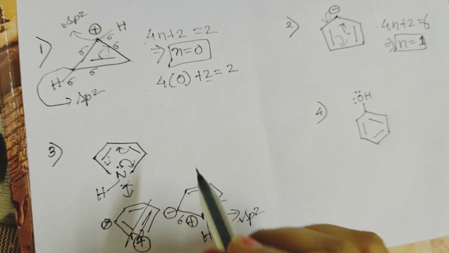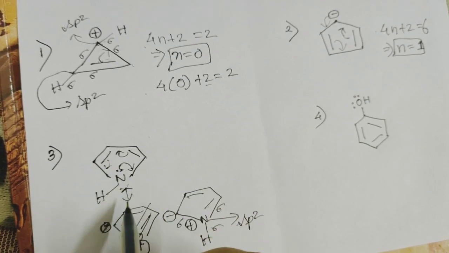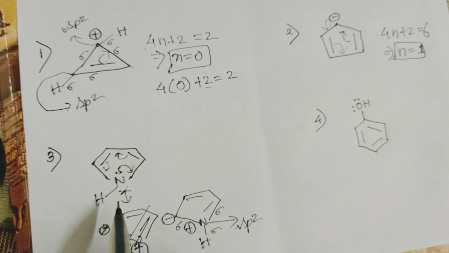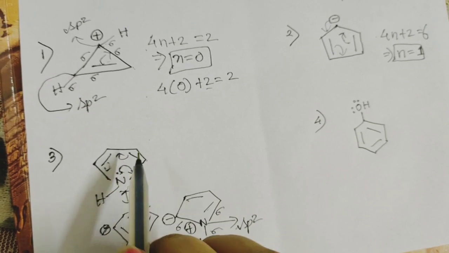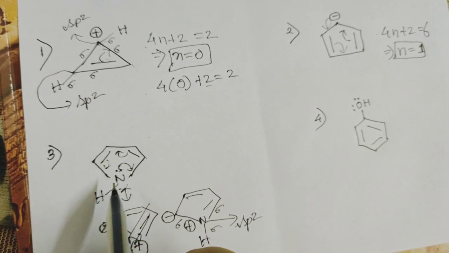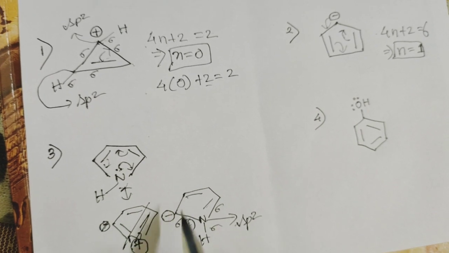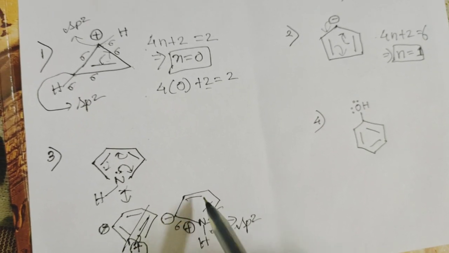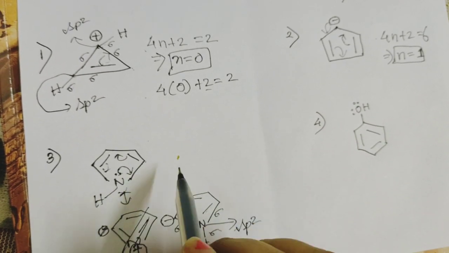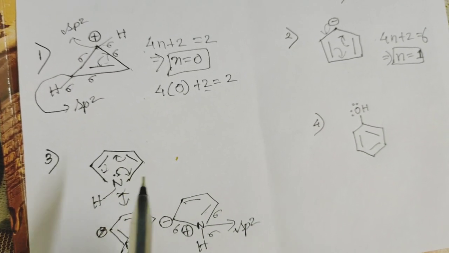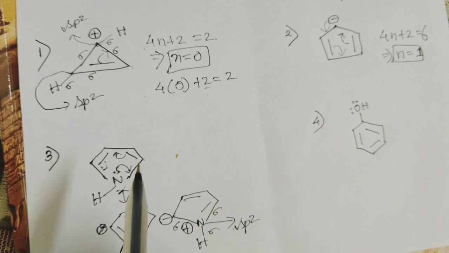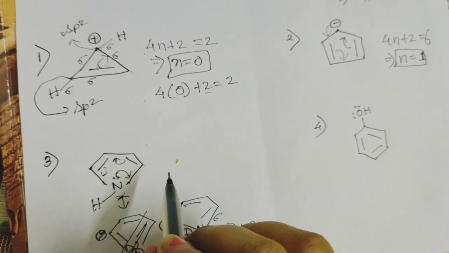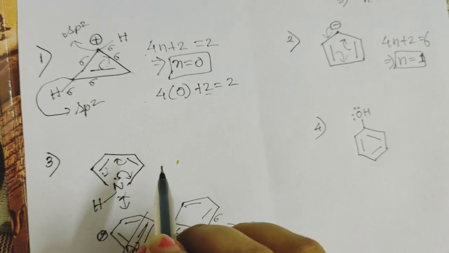So now see, this is a cyclic ring with pi bonds including the lone pairs in resonance, in conjugation, and all the atoms involved in the ring are sp2 hybridized. So now this molecule, this pyrrole ring, can be aromatic, but only if it follows Huckel's rule.